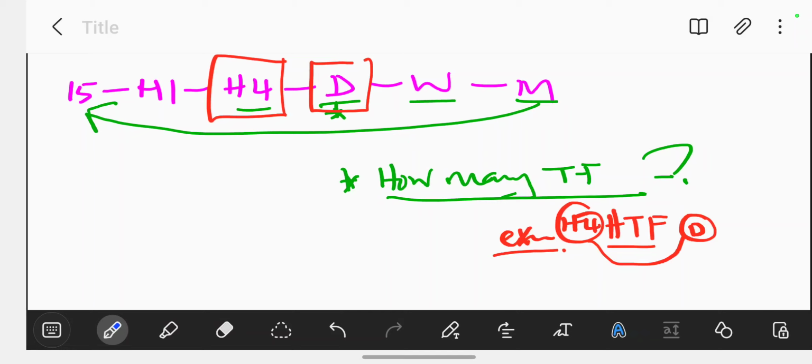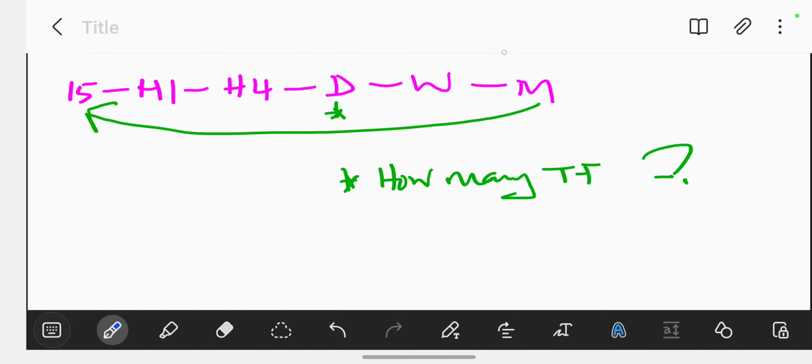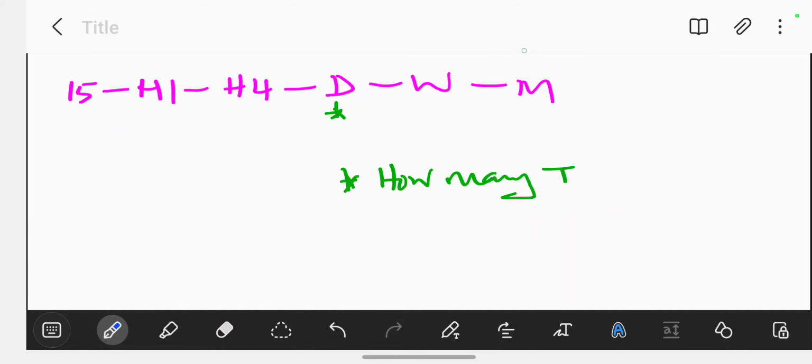So you are done with identifying your time frames. You answered the first question of how many time frames you need, and you concluded that you're going with two.